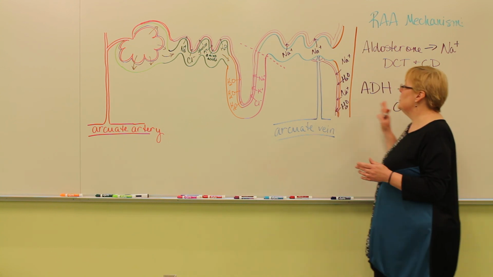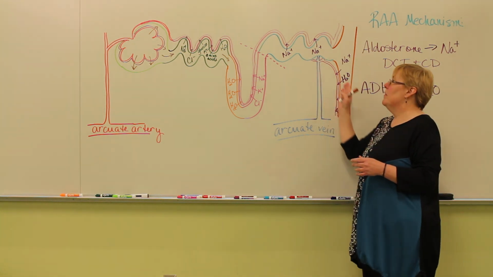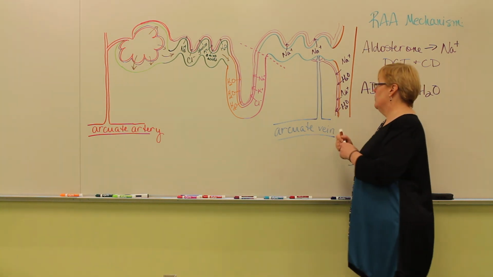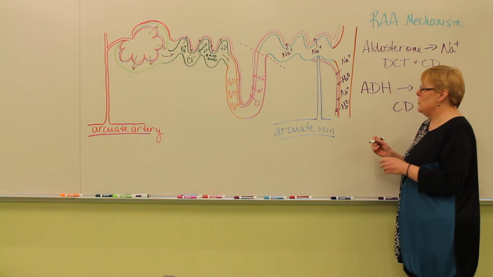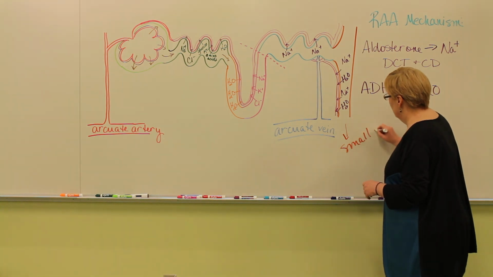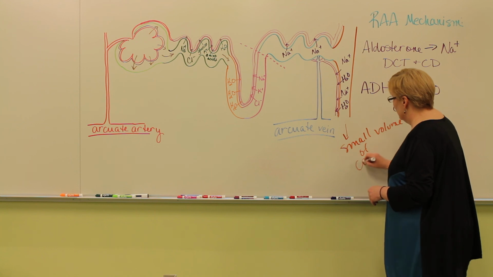Okay, if we switch to conservation mode, we're going to reabsorb the vast majority of that material that would have been in that dilute urine. So instead of producing a large volume of dilute urine, we'll now be producing a small volume of concentrated urine.